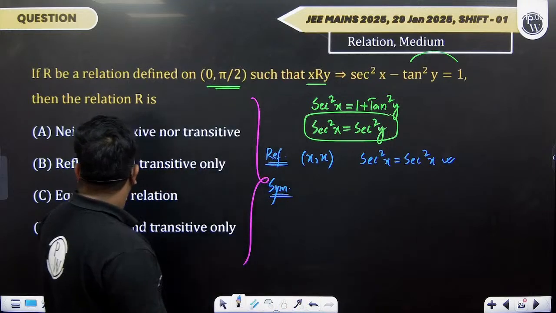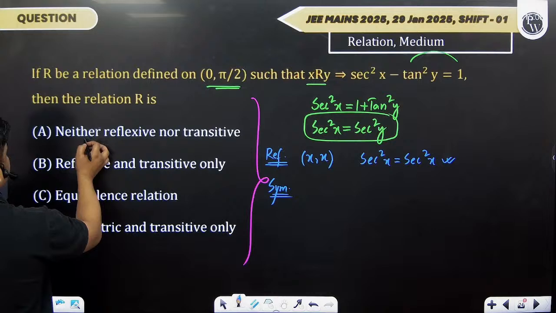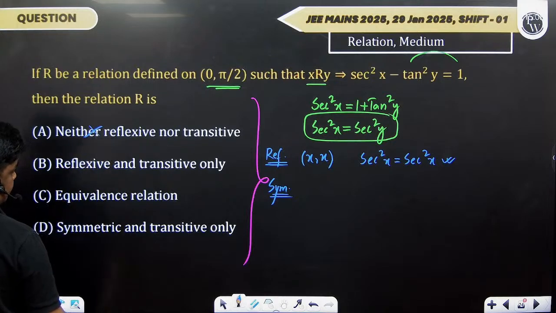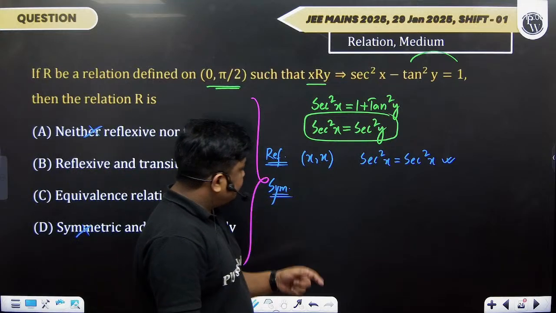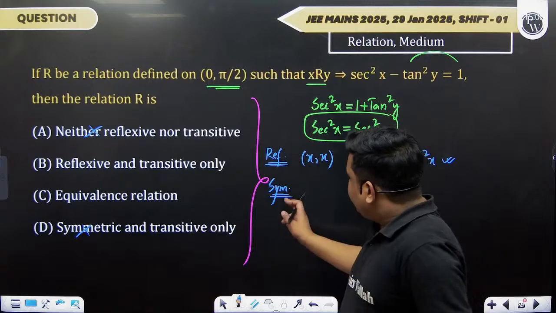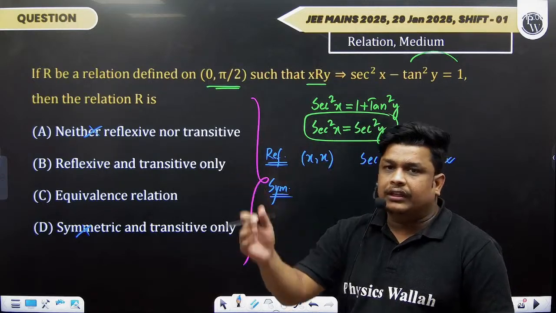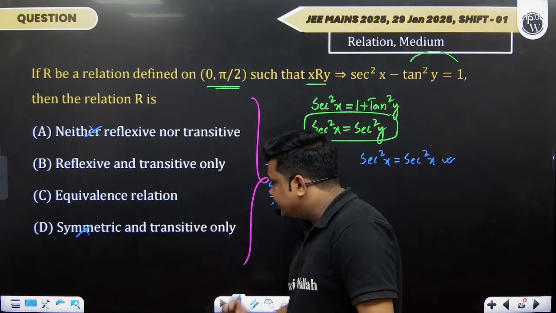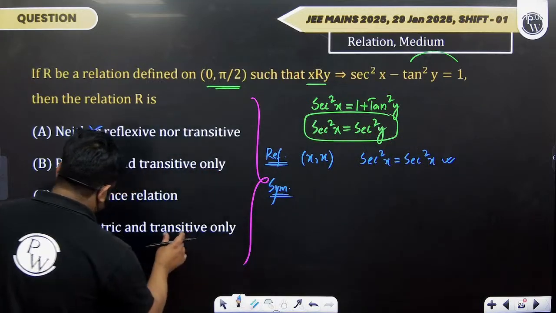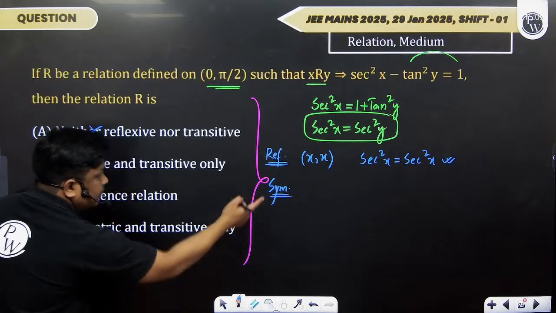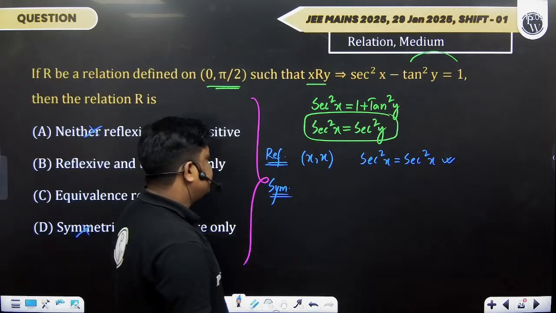So from reflexive, we can see that this option will not be there. Again, this option will also not be there. So either possibility is reflexive or equivalence. So if I'm able to prove symmetric and reflexive both, I don't need to check for transitive. I can directly say the answer is equivalence relation, because this option is saying symmetric and transitive only, but this relation is reflexive in nature.